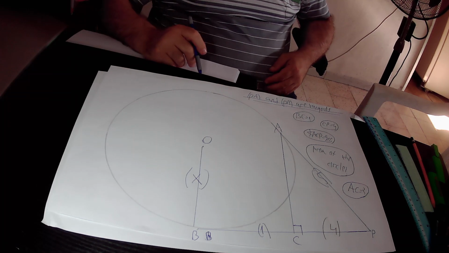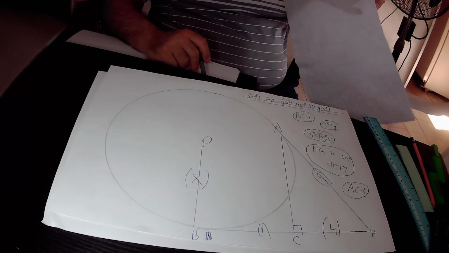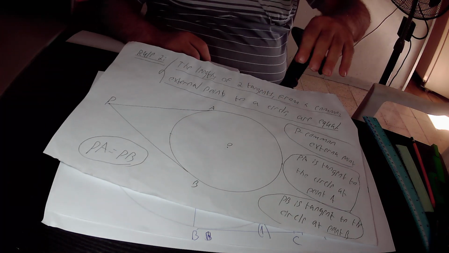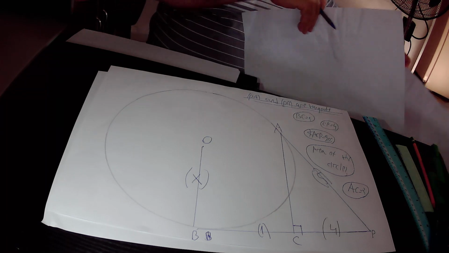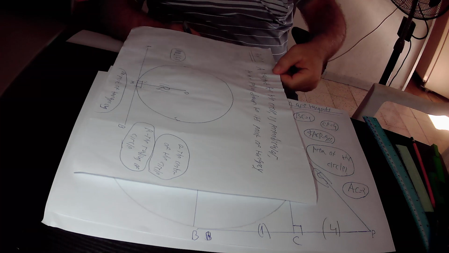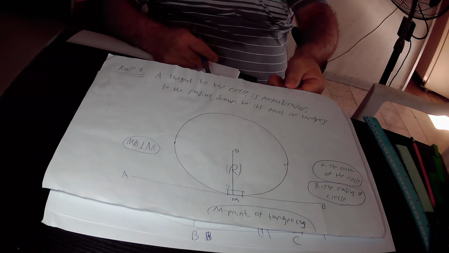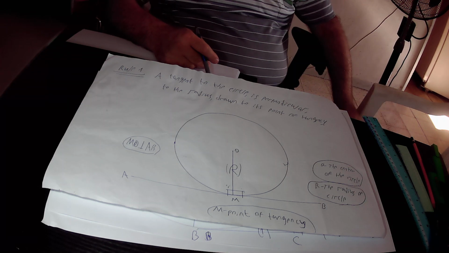Here we can implement rule 1. According to rule 1, the tangent to the circle is perpendicular to the radius drawn to its point of tangency.